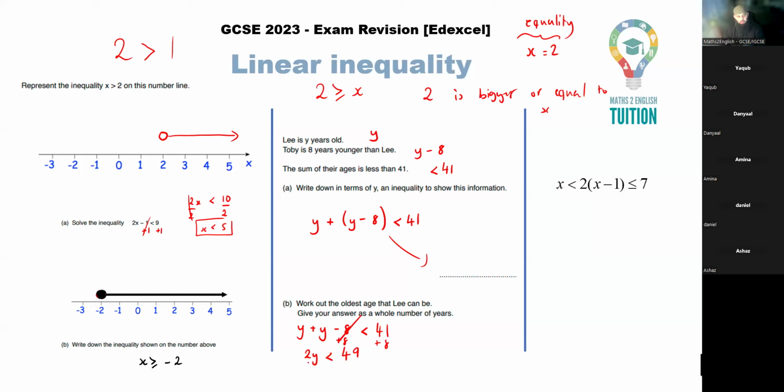I divide by 2 on this side, divide by 2 on this side, that cancels out. Y is smaller than 24.5. So Y has to be smaller than 24.5. That means Lee can be 24 years old.